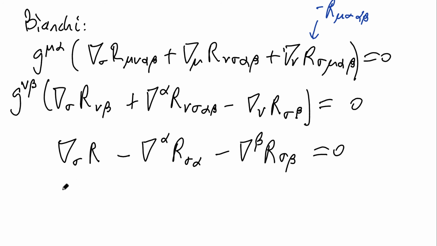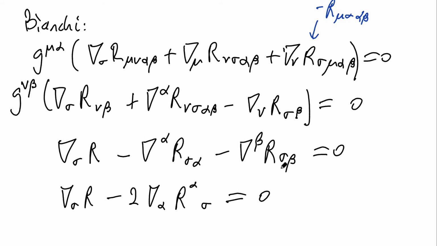Now simplifying this, we have ∇_σ R. These two terms are of course the same, so that's minus 2, and why don't I move this index down and this index up? This is ∇_α R^α_σ, and of course it doesn't matter which order I write the indices on the Ricci tensor because it's symmetric.